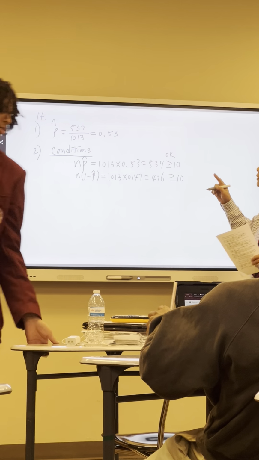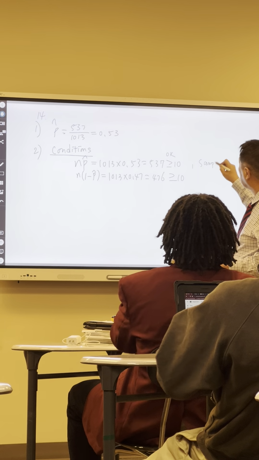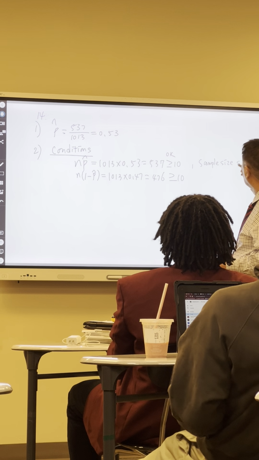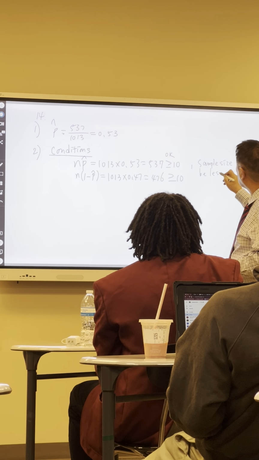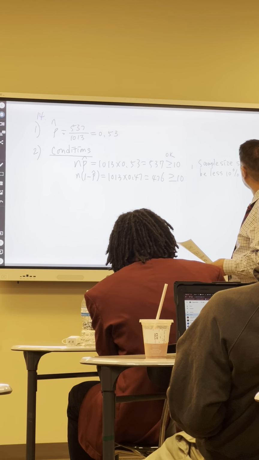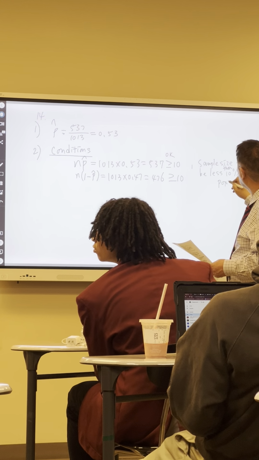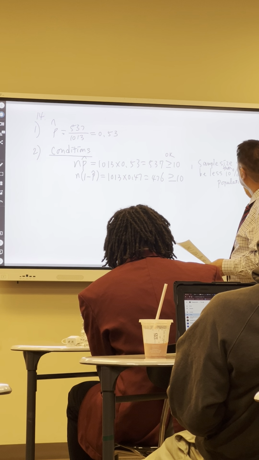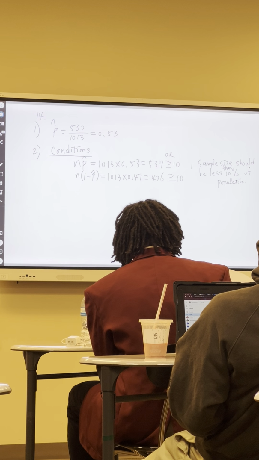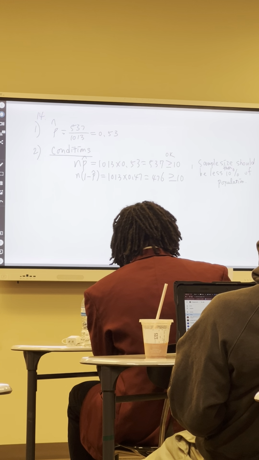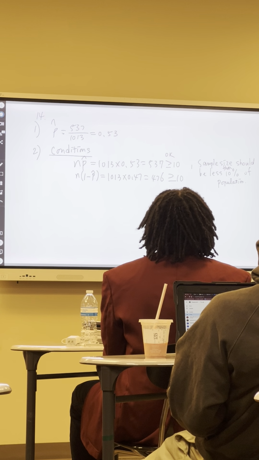And the next condition, which is not on the paper, write this one down: the sample size should be less than 10% of the population. So what is the least number of the population you can expect? If the 1013 is less than 10% of the population, what should the minimum number of the population be?